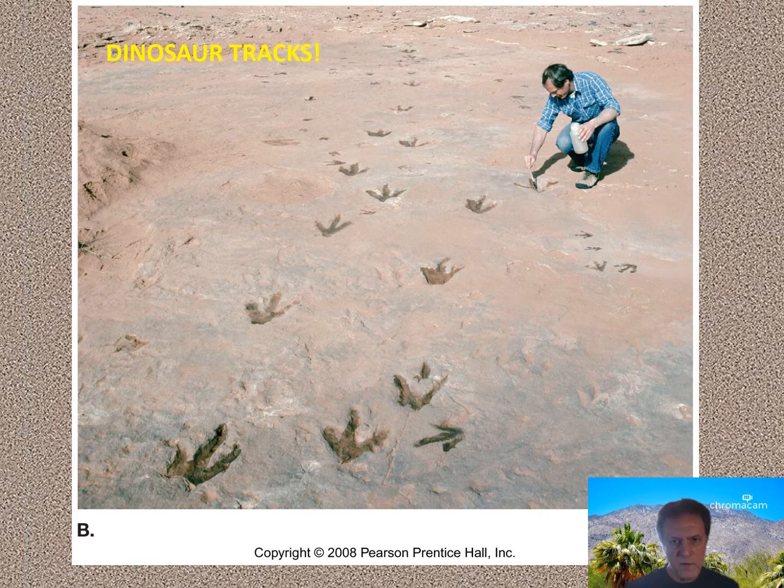Another type of sedimentary structure, which would be great if you were lucky enough to discover new ones, are dinosaur tracks. Dinosaur tracks are considered sedimentary structures, or if you will, any kind of track left by any kind of animal. This large dinosaur was walking along a sandy, muddy bottom, leaving his footprints.